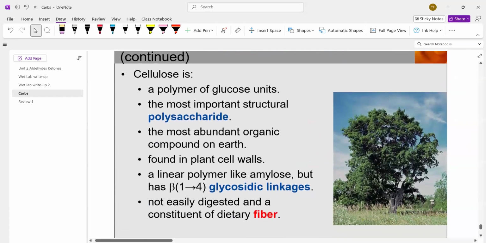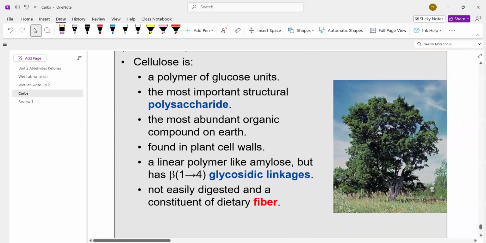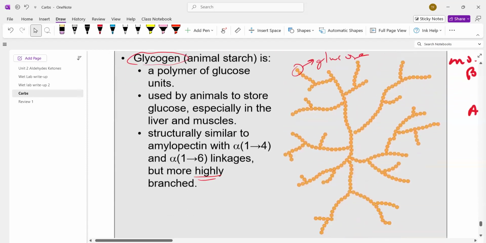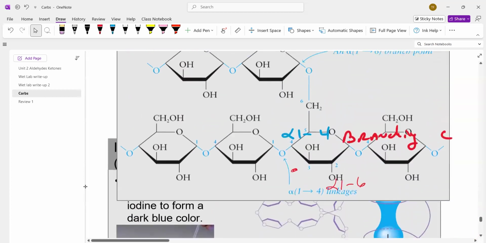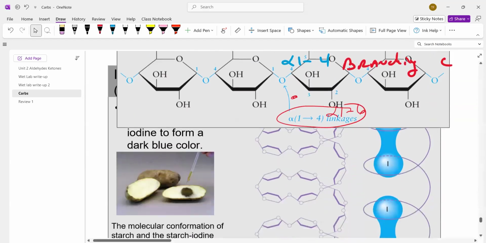Okay, the other common polymer is cellulose. Cellulose, again, is just a bunch of glucoses, only the linkage is what's different. Okay, in amylopectin and amylose, the linkage is alpha 1,4.